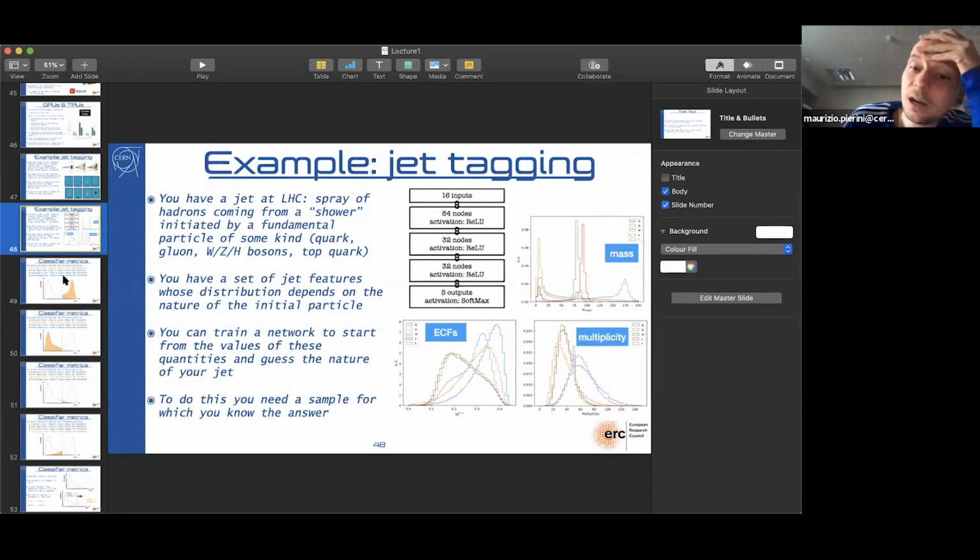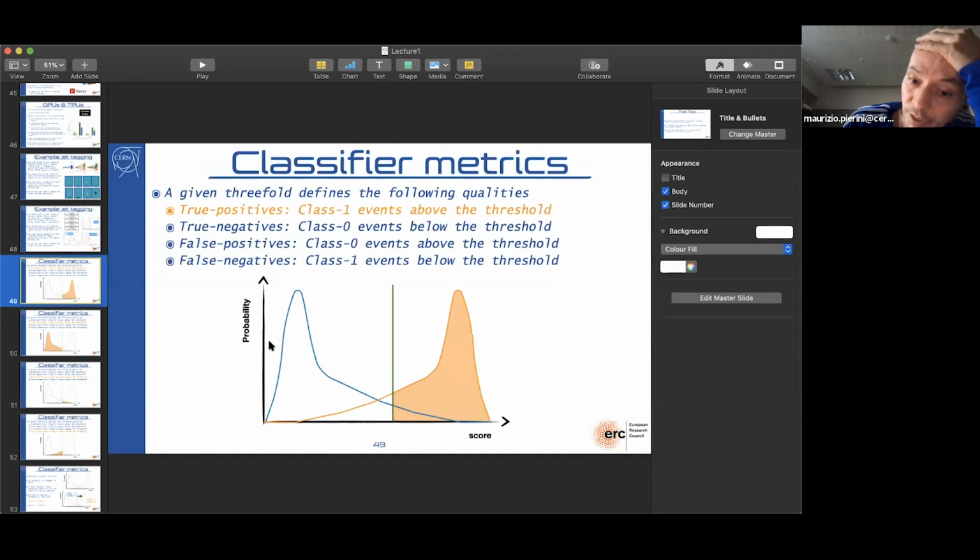Okay? Now, once you have such a model, the model gives you these 5 outputs, which are probabilities. This is called the score of the network. Let's say that we're looking for top quarks. If I give you a top quark, the score should approach 1, while if I give you another kind of jet, the score should be low.